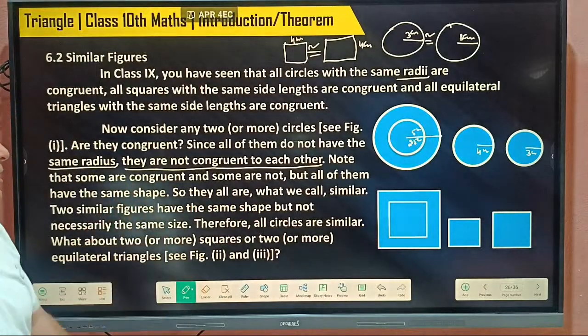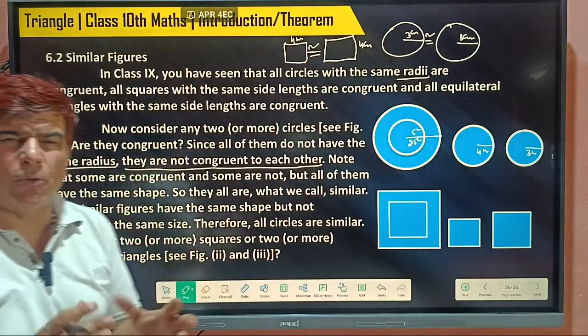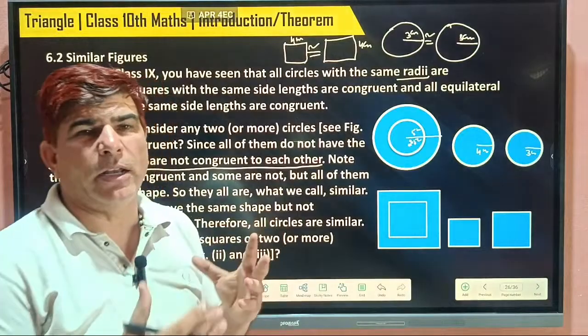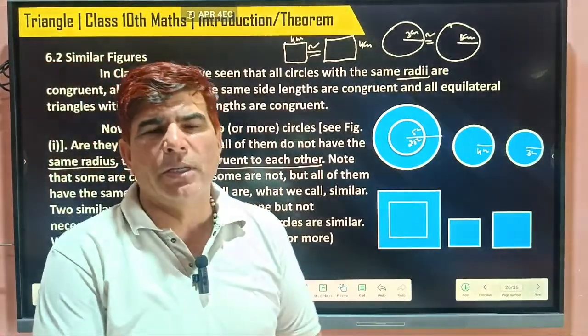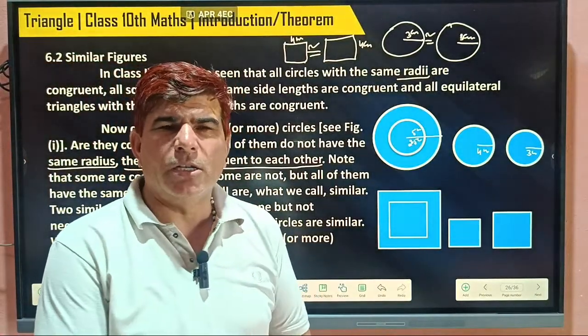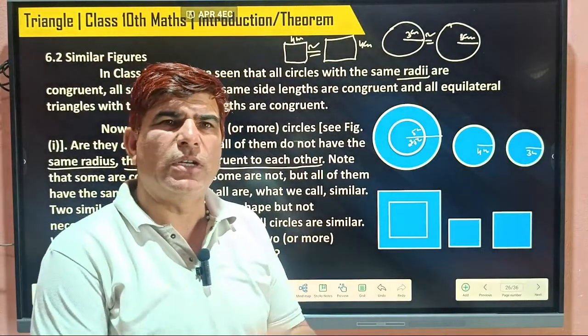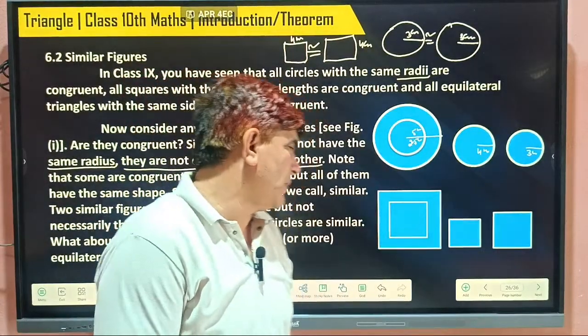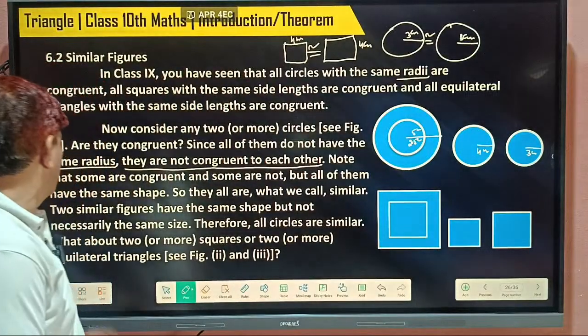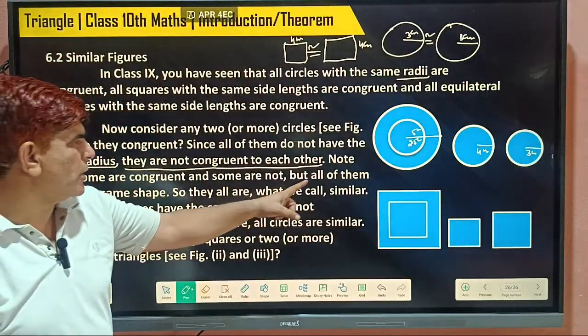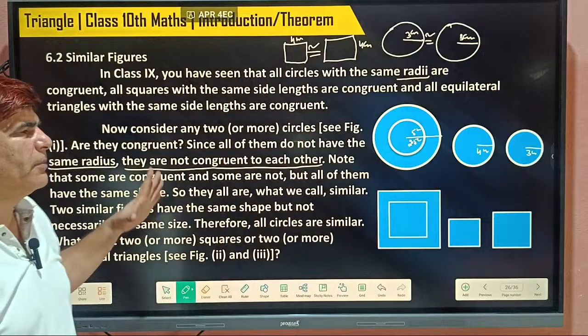It may be possible that some are congruent. When? If their radii are the same. Understood? If radii are different, definitely they are not congruent. If the radii are the same, then definitely they are congruent. Some are congruent, some are not, but all of them have the same shape.